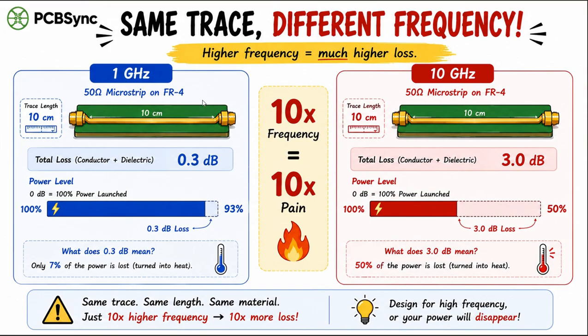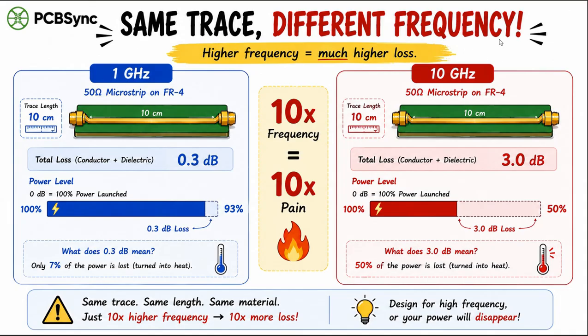Next, let's look at the most important chart of the day. It's the same PCB, the same 50 ohm line, and the same length. If it's operating at a low frequency, the loss is only 0.3 decibels, which means about 93% of the energy can still get through.